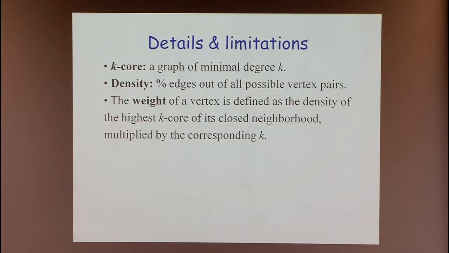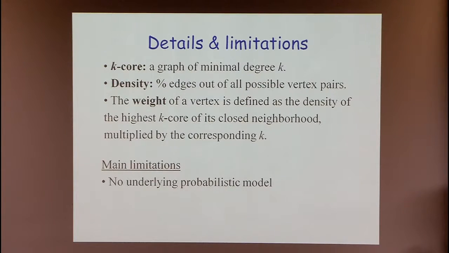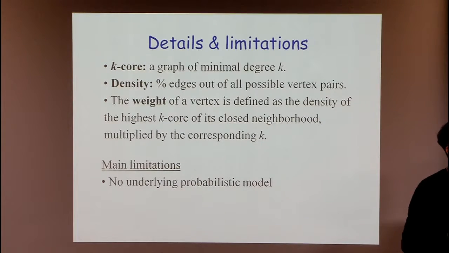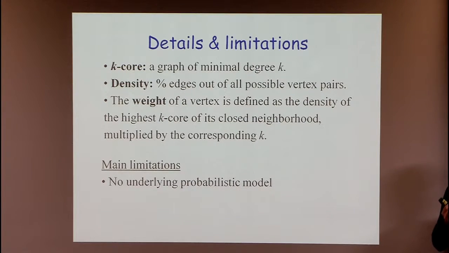Okay? Now this is the entire algorithm, and when you think about it, it has the right intuition. It is finding dense structures in the protein interaction network. It was widely used. It was very successful. However, the definition of a complex here seems a bit heuristic in the sense that there is no underlying probabilistic model that tells you whether this complex that you now identified, or this module, is indeed surprisingly dense.